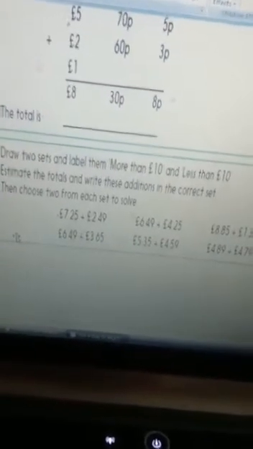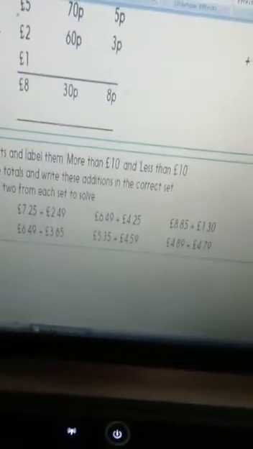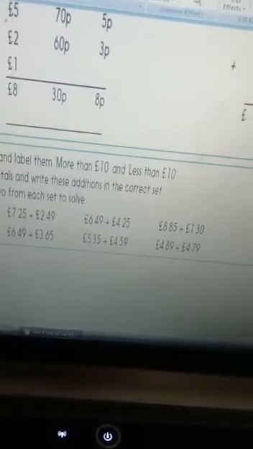Then we've got another one. And then we've got 6 problems. If you can put them into 2 sets, look carefully at them, which ones will add up to more than £10 and which ones will add up to less than £10.